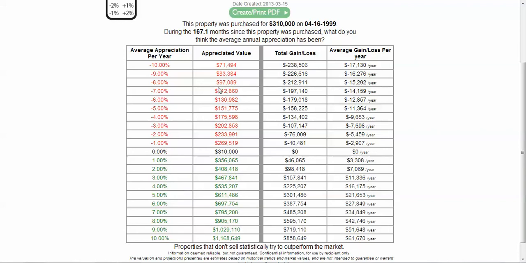Kind of ignore this column for right now. In fact, as the agent, you could put a piece of paper over this column. Just cover it up and ask the seller what they think the growth rate was. If there's two sellers there, ask them both to share their opinion. What happens then, if the seller says, well, I think we grew about 3% per year because doggone it, it's a good area and I live here.